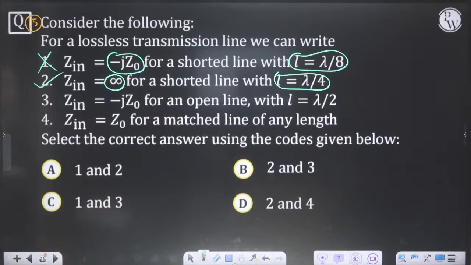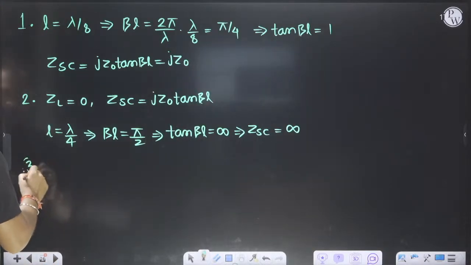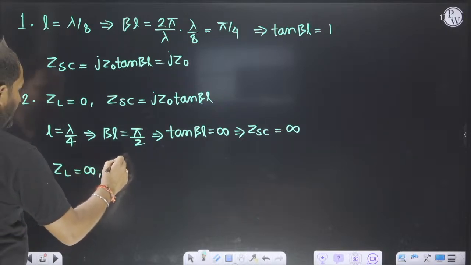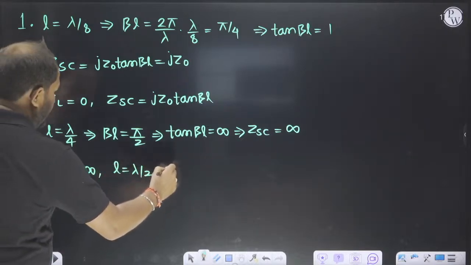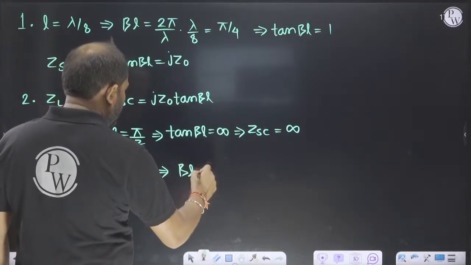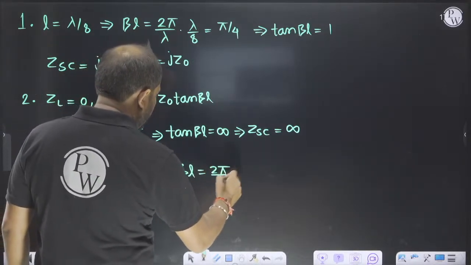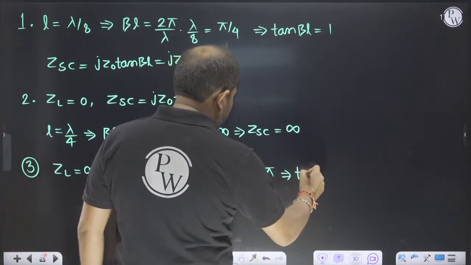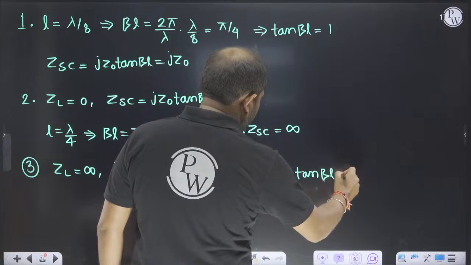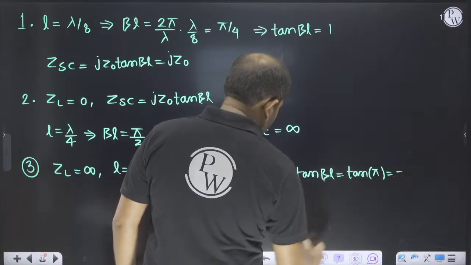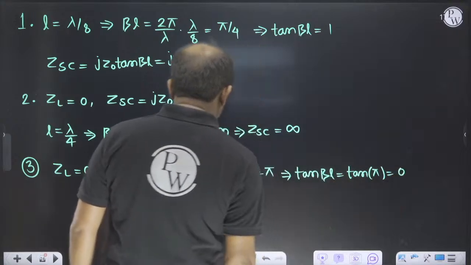Open circuit, lambda by 2. So ZL is equal to infinite, open circuit, and length is equal to lambda by 2. That means beta L will be equal to 2 pi by lambda into lambda by 2. It will be pi. Tan pi is equal to 0.